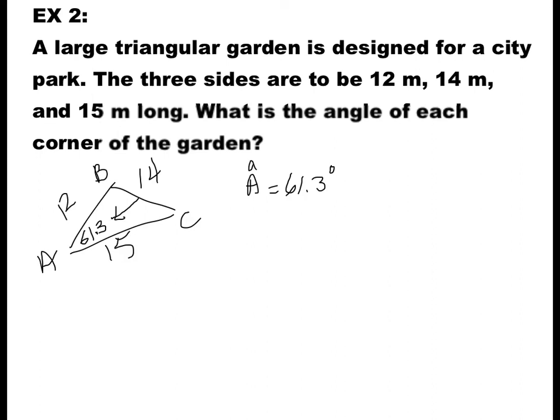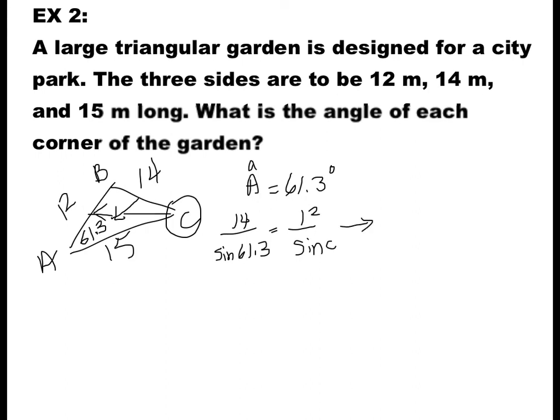So I can write 14 divided by sine 61.3 is equal to, let's say we want to find angle C, this angle, the side in front of it, which is 12, divided by sine C.